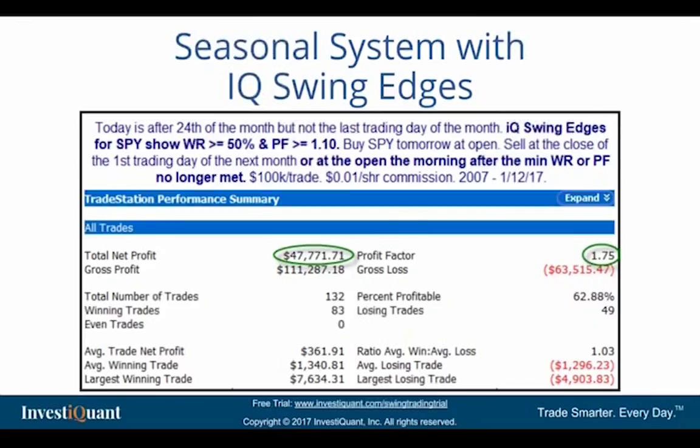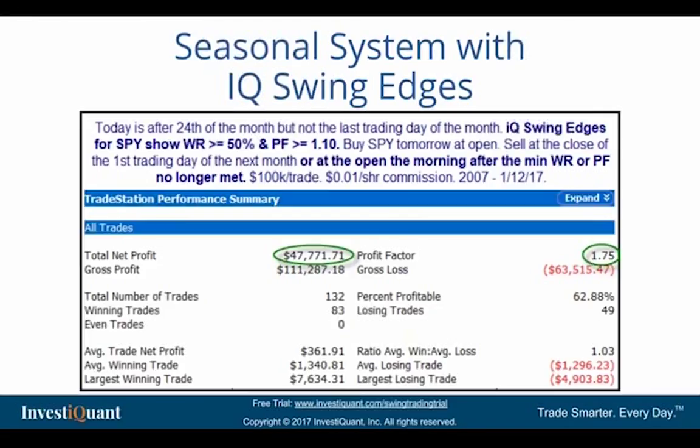Let's just say there's not a downside edge here. So we've got a decent system, and we're going to use a loose filter. In this case, I want to see a win rate of at least 50% and a profit factor of at least 1.1. And if that happens, I'm going to buy tomorrow at the open, sell the close the first trading day next month, or at the open the morning after the win rate and profit factor are no longer met.